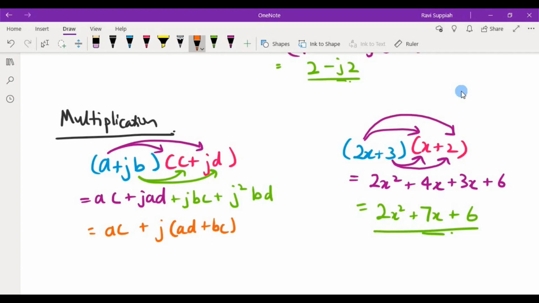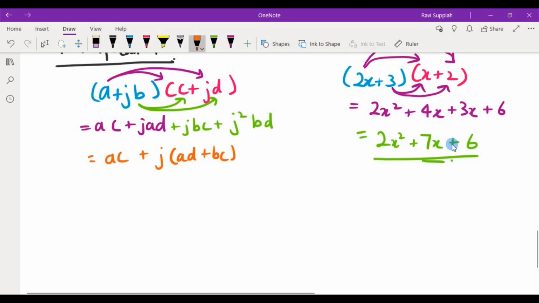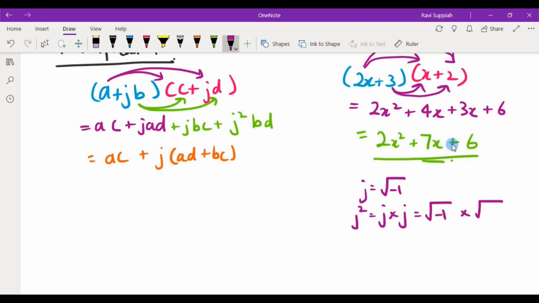Now this is something new that we're going to deal with. What is j squared? Now let's explore this a bit. We know that j is the square root of minus 1. So j squared is j multiplied by j, which is square root of minus 1 times square root of minus 1.